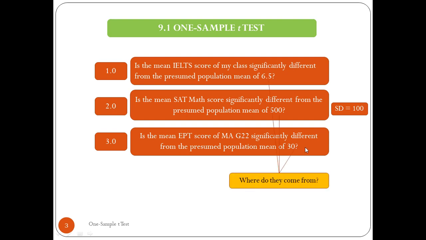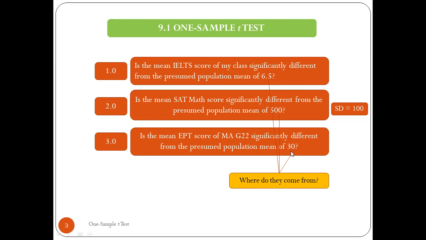So the next question is, where do they come from? Where does the overall IELTS score of 6.5 come from? Where does a score of SAT Math 500 come from? Where does a population mean score of 30 on the EPT come from?